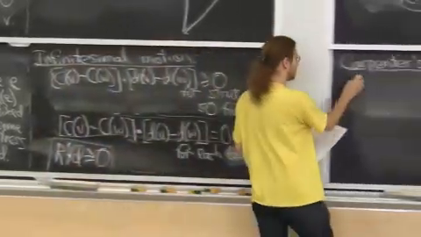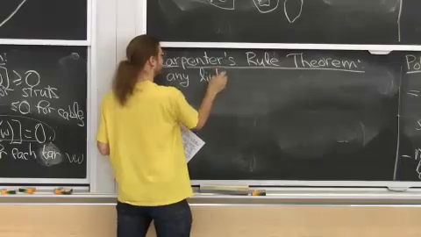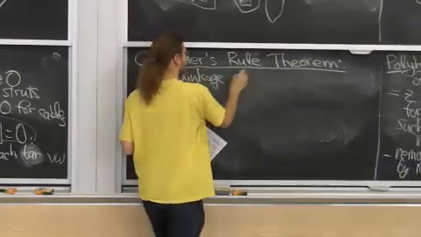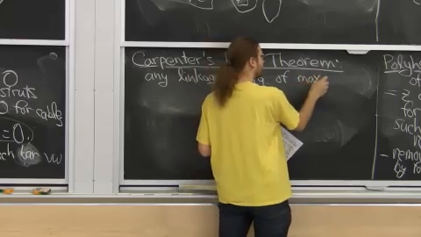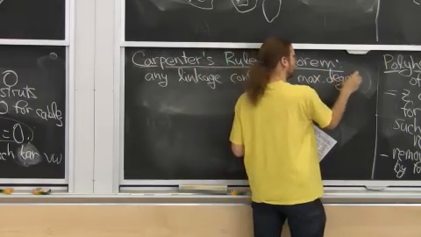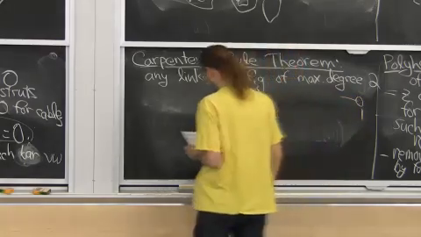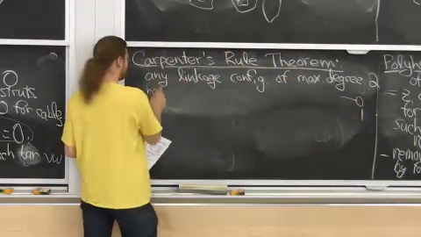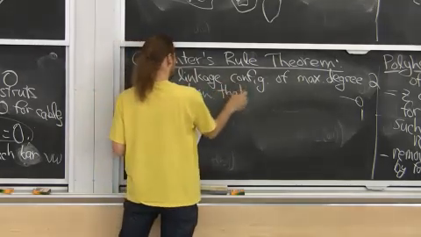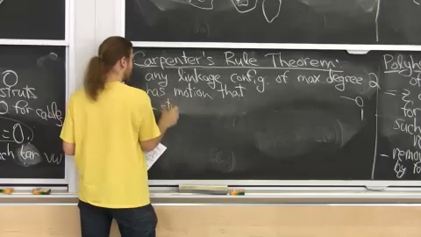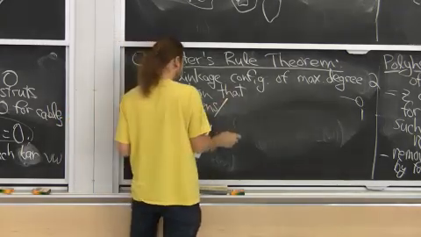And it says that if we have a linkage, let's say we take a configuration of that linkage, and let's say it's of maximum degree 2, so every vertex has at most 2 edges coming out of it, then there's a motion of that linkage that straightens out.